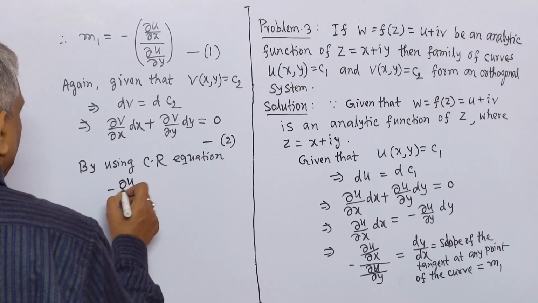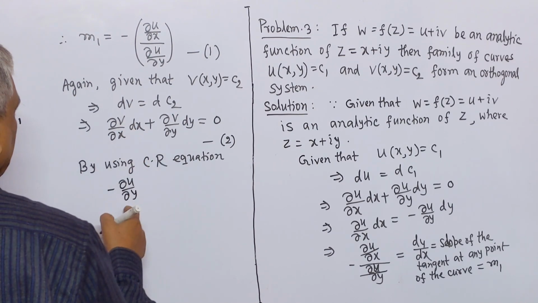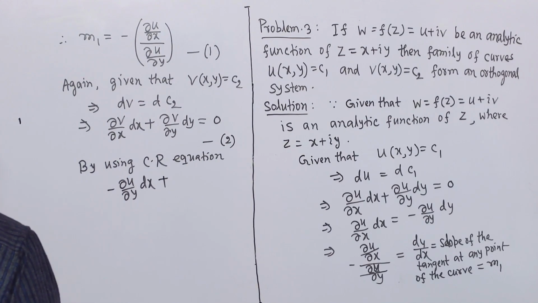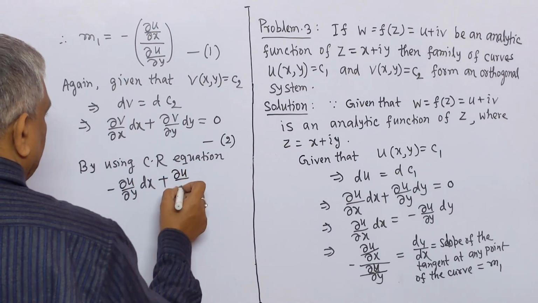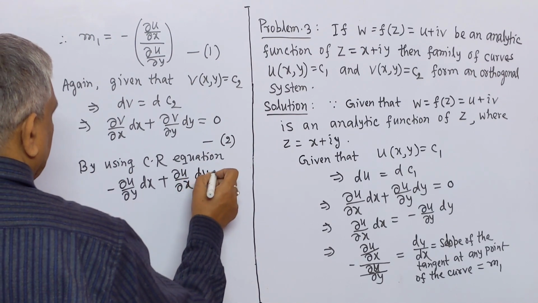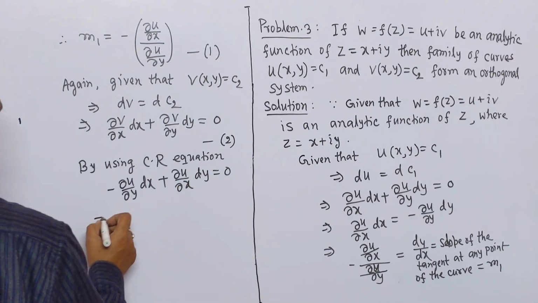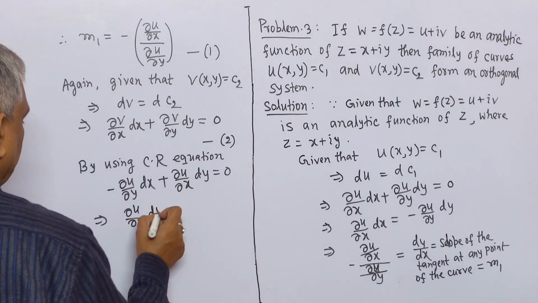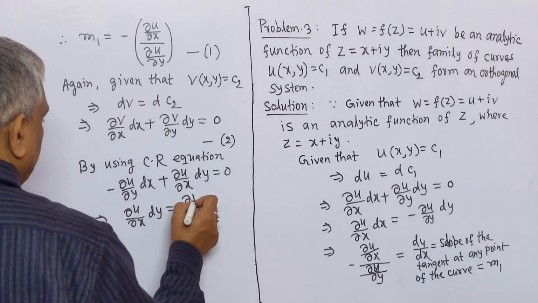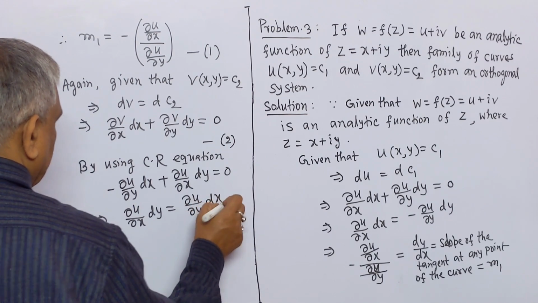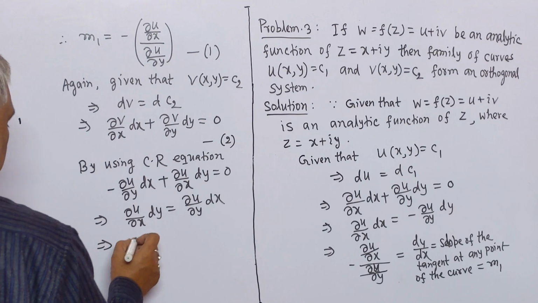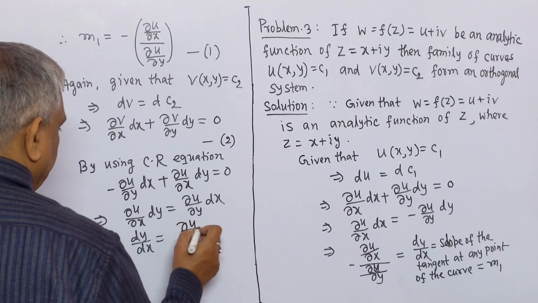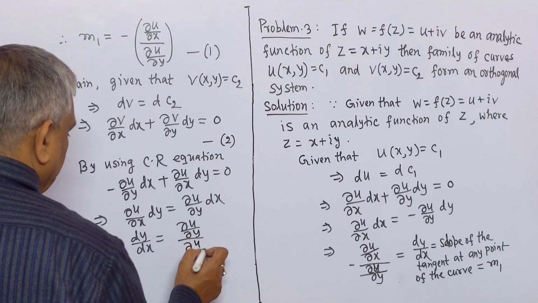Minus del u by del y, del v by del x equal to dx plus this is del u by del x dy equal to 0, implies that del u by del x dy equal to del u by del y dx, implies that dy by dx equal to del u by del y by del u by del x.